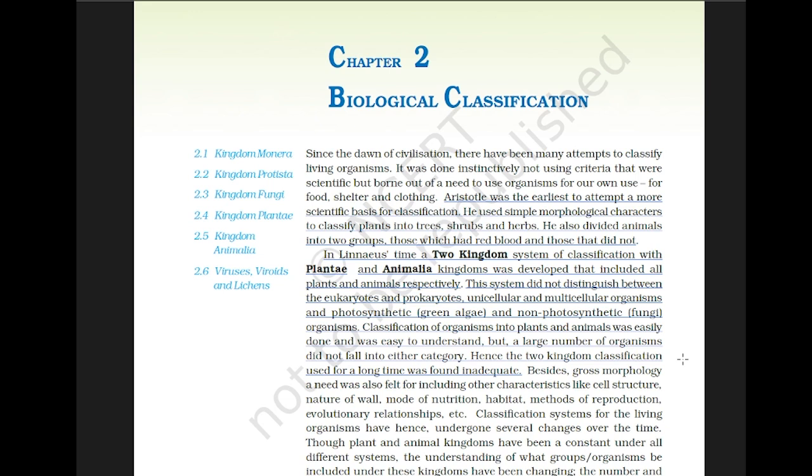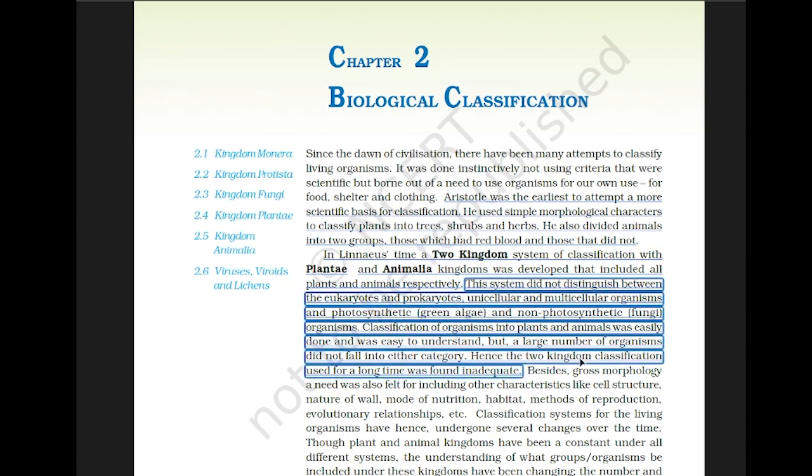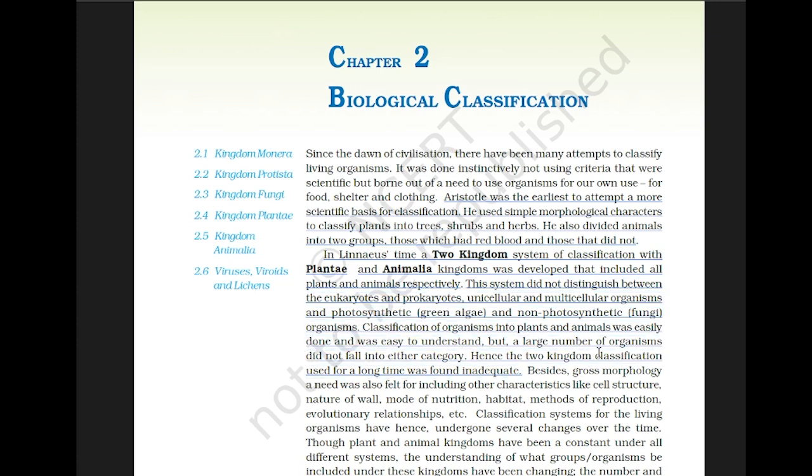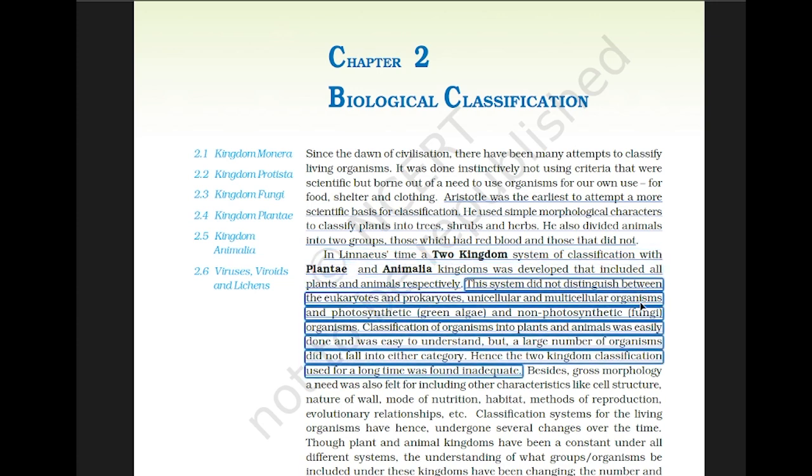And the drawbacks or demerits of the 2-kingdom classification are, actually, that this classification doesn't distinguish between prokaryotic and eukaryotic organisms. Prokaryotes means organisms without a true nucleus. And eukaryotes means organisms with a true nucleus.